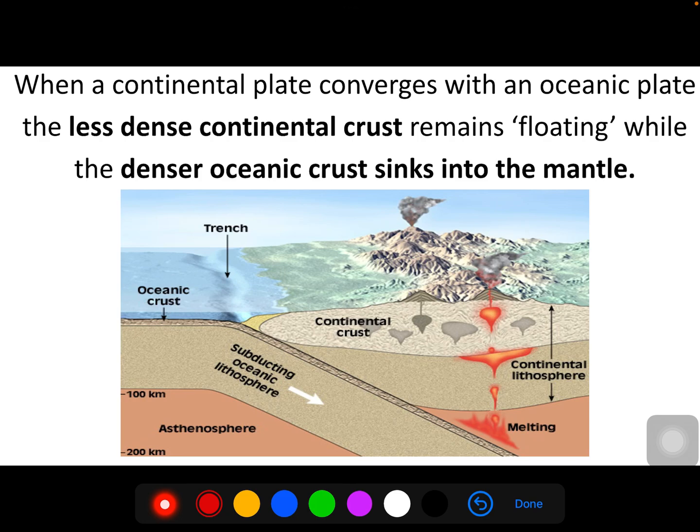When a continental plate collides with that oceanic plate, since the ocean floor is super heavy, it's very dense, it's going to sink below the less dense continental crust. So we get this motion of subduction here.